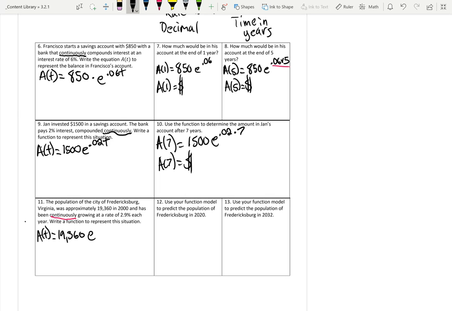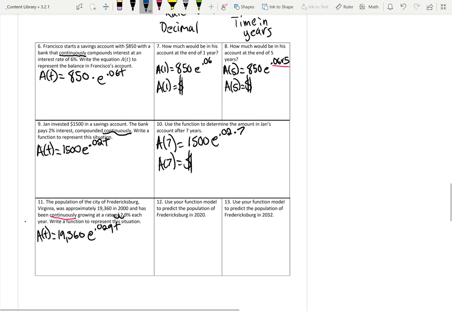It's growing e to the 0.029, and I'm guilty of making these errors as well. If you can figure out that Easter egg, go ahead and post it below. And then t, growing continuously, for time is a yearly situation. I got this nice formula.